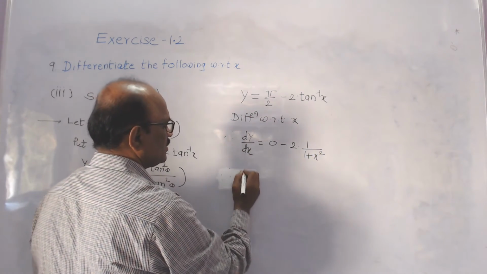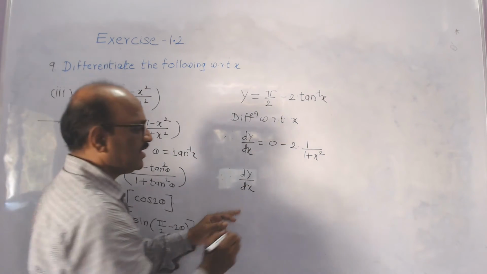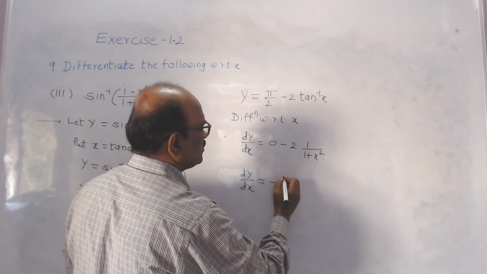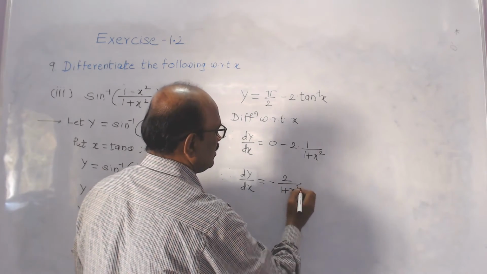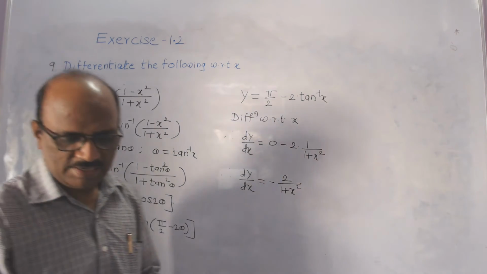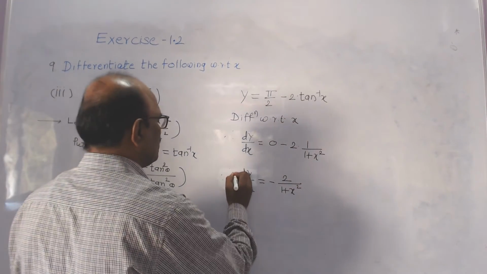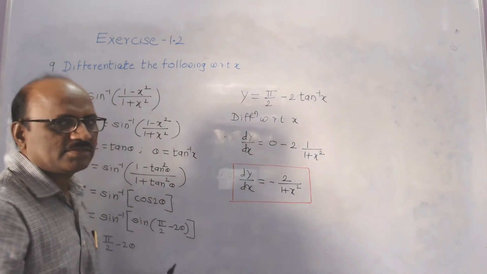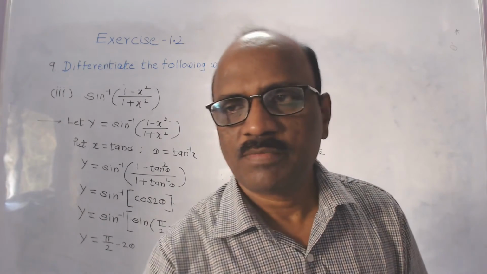Hence dy by dx equals minus 2 upon 1 plus x square, and this is the answer. Now we'll take the next problem.